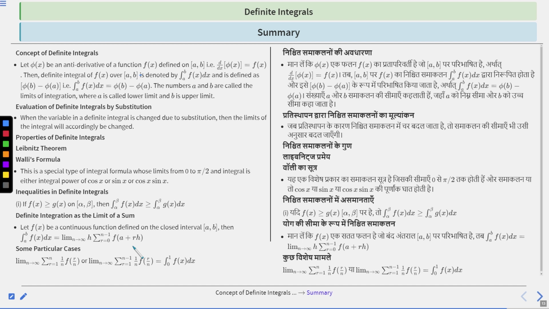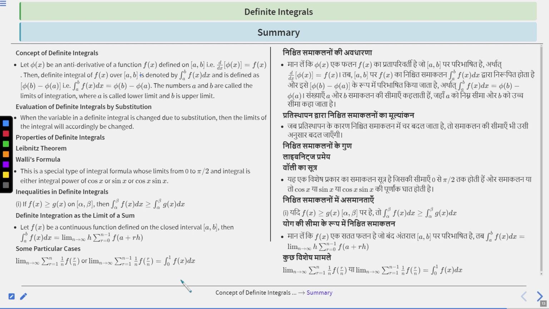Some particular cases: limit n tending to infinity of the summation of r equal to 1 to n of (1 by n) f(r by n), or r equal to 1 to n minus 1, can be written as the integration of 0 to 1 f(x) dx, clear? So this is basically the summary of this chapter.